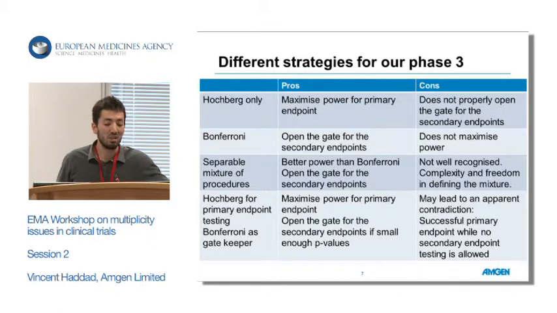And so it may lead to an apparent contradiction where if you have something borderline significant for Hochberg and not for Bonferroni, you will declare my phase 3 trial is successful. However, I will not test the secondary endpoints. I can't, which is a very strange situation.